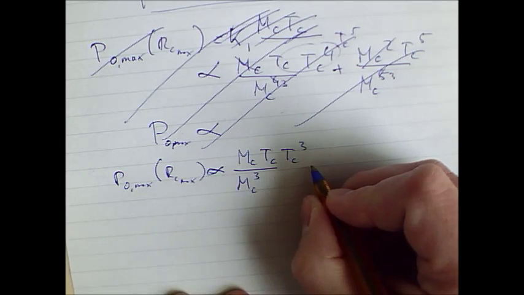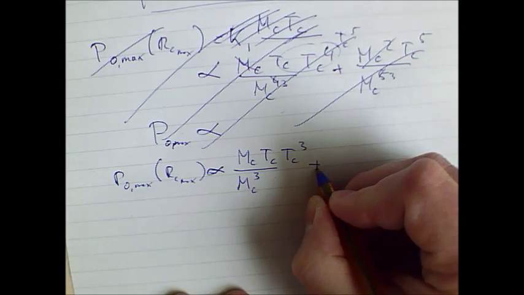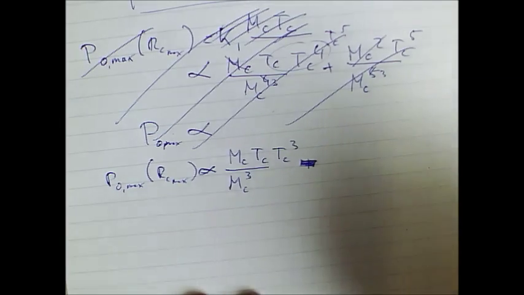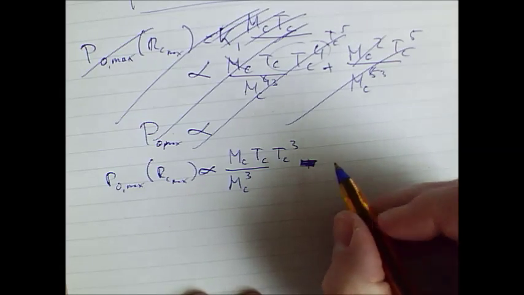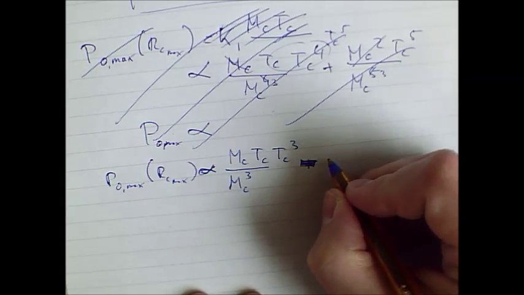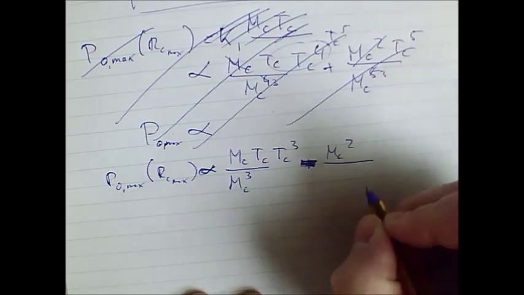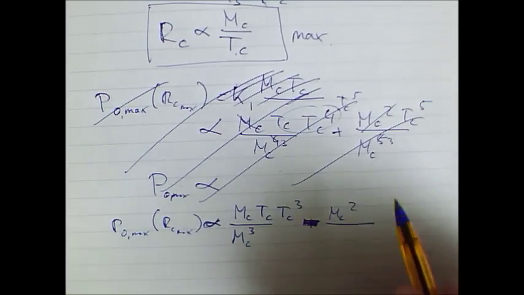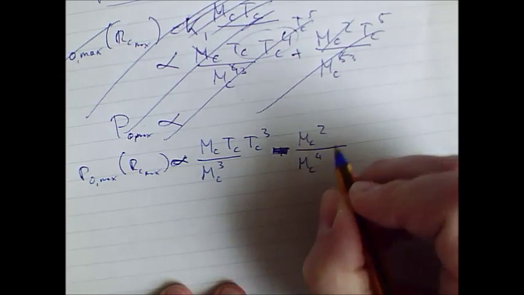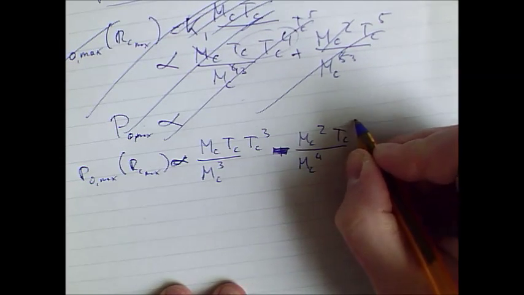That looks better now. Plus, in this case actually a minus, and I'm ignoring the constant because we're working with a scaling relationship, we've got MC squared, and all of that over RC to the power of 4, and that means we've got MC to the power of 4 and a TC to the power of 4.